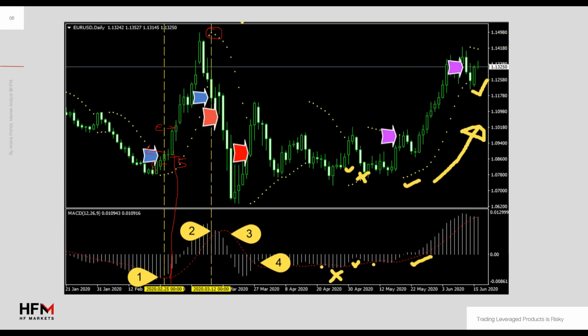If you have your own risk and reward ratio, maybe 1:2 or 1:3, you can measure the distance from the entry to the stop and put your target twice this distance if you have a 1:2 risk and reward ratio.